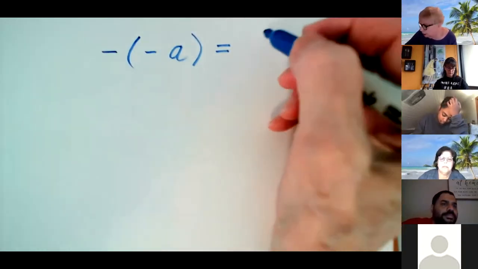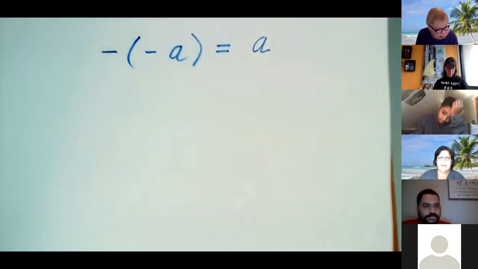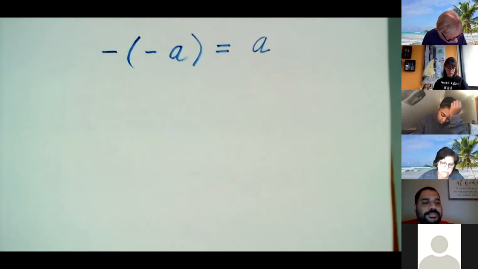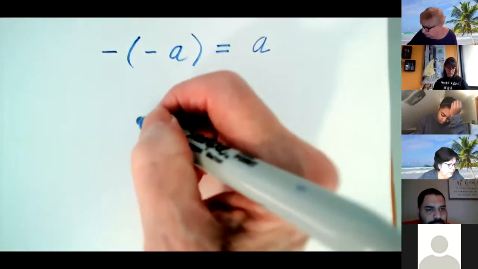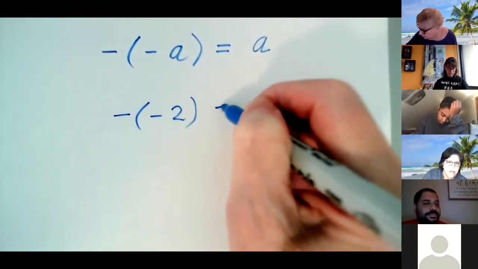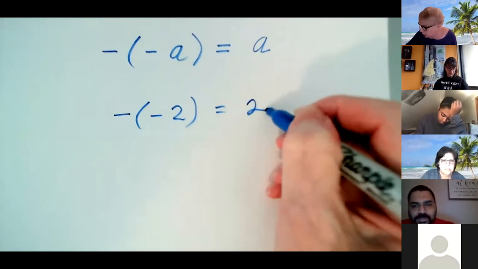Opposite of a negative would be the letter A. And so you will see that. This one, opposite of a -2 was 2.